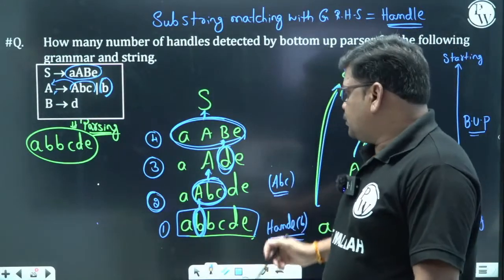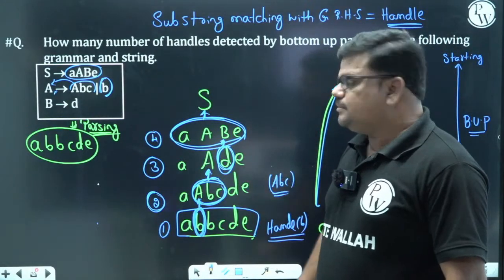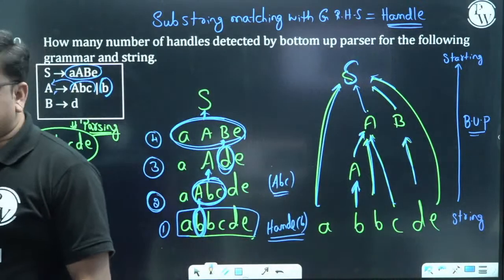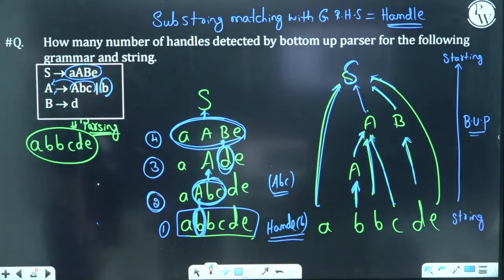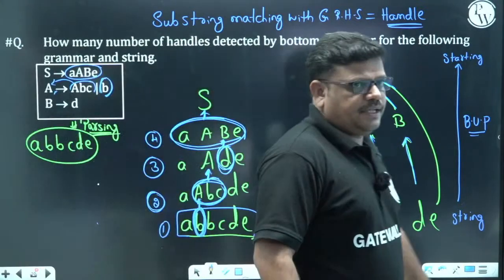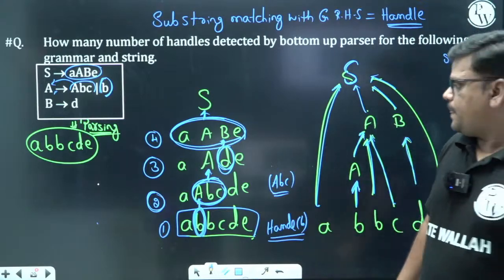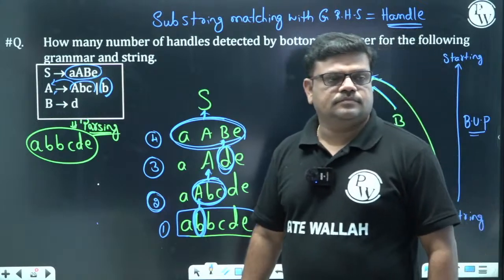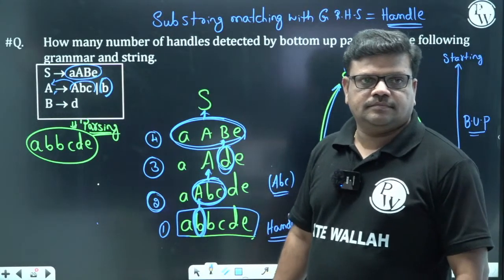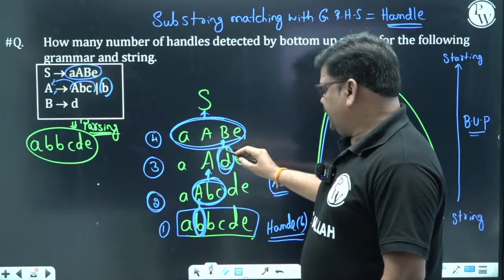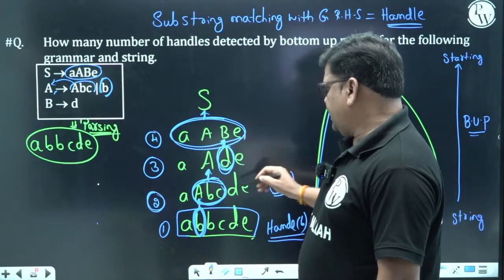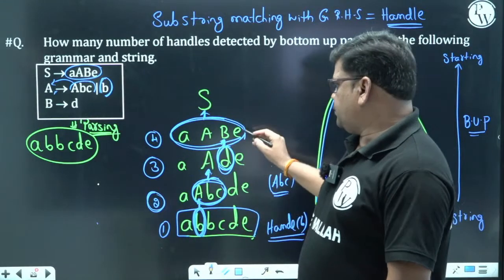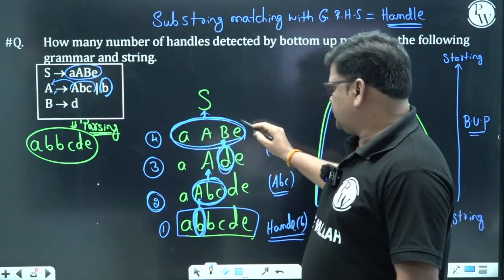Okay. So in the third step, what is our handle? We have a D here. This is the substring, so the handle is D here. In the fourth step, this total thing is the handle.